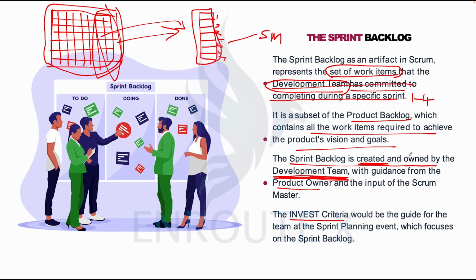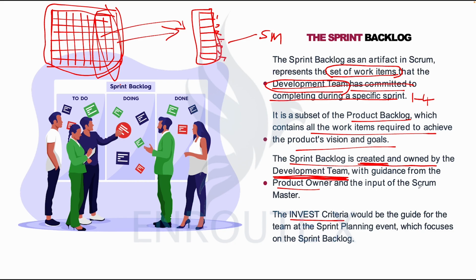So the sprint backlog is created and owned by the development team with guidance from the product owner and input from the Scrum Master. The product owner is guiding them, telling them what should be developed. He is also bringing clarification to them on what the stakeholders want and how they want it.